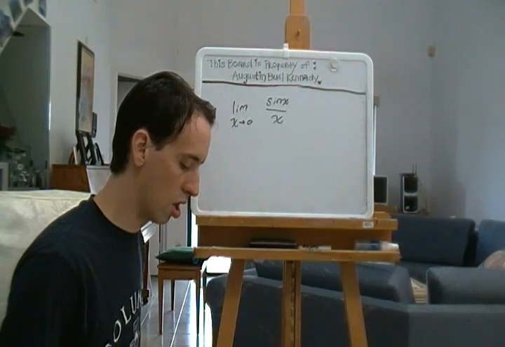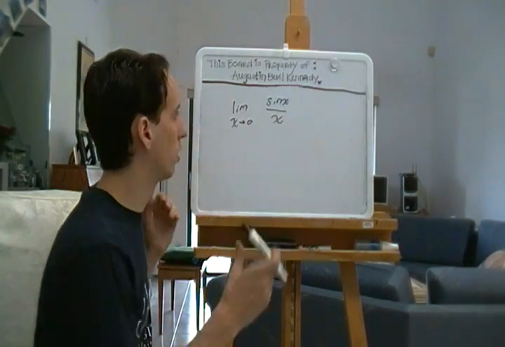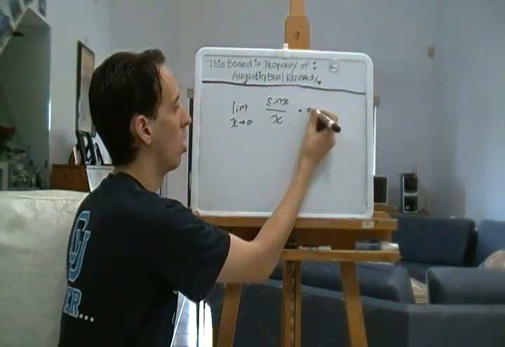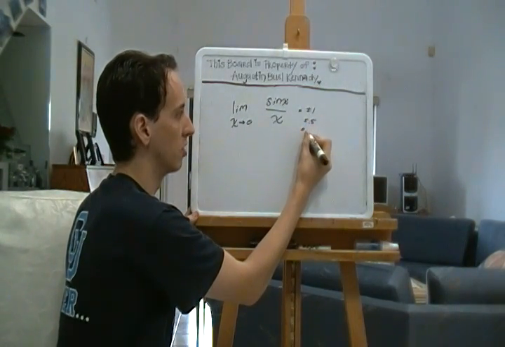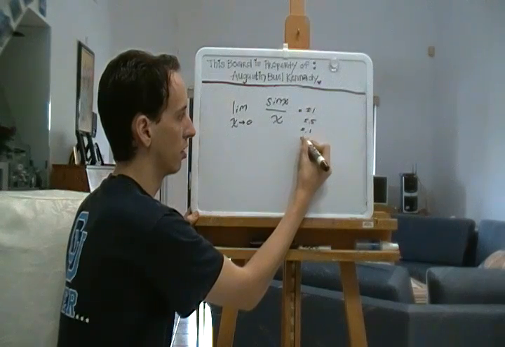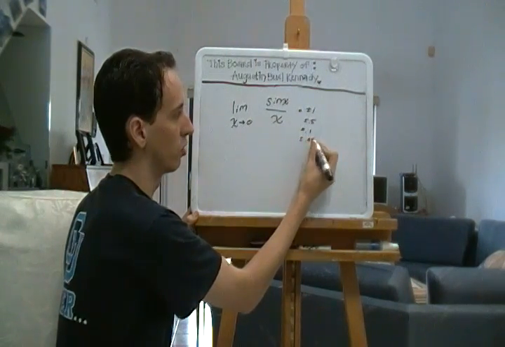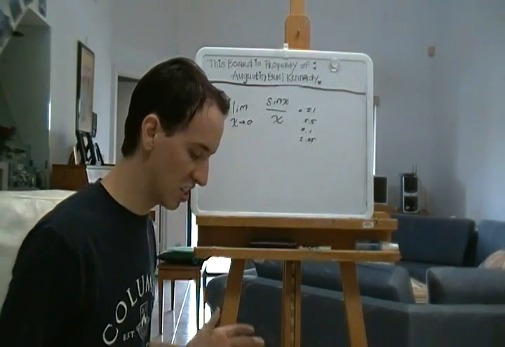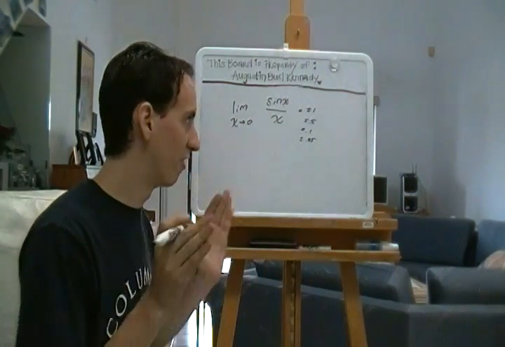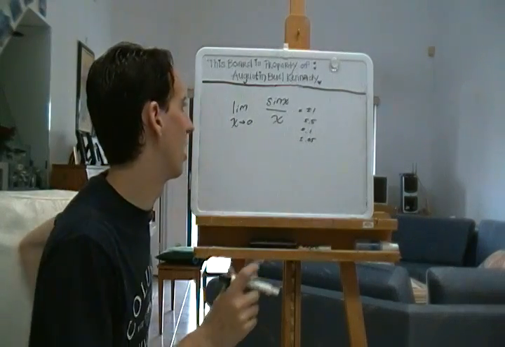So we can plug in 1, we can plug in plus and minus 1, plus and minus a half, plus and minus a tenth, plus and minus 0.05. Go ahead, and you have full permission to use a calculator for this exercise.